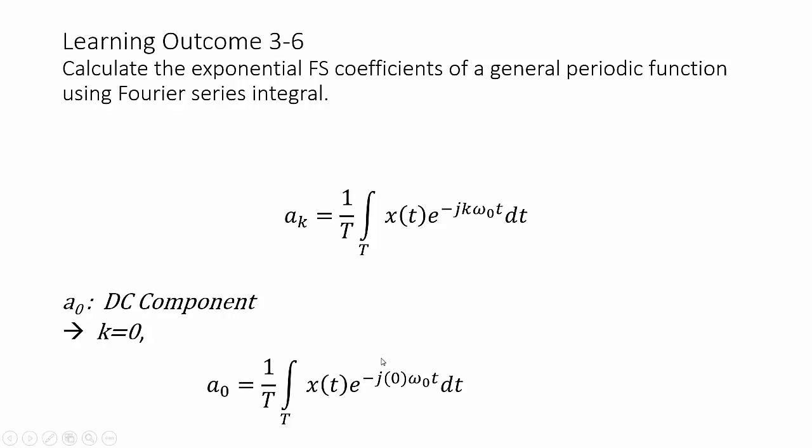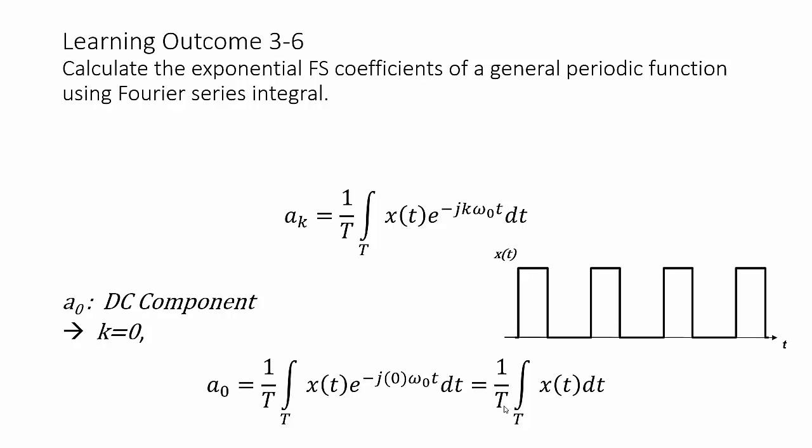Notice you can simplify this complex exponential, and we get 1 over T integral over any one period of x of t. This integral is just the area underneath our function over the duration of one period. And because we're dividing it by capital T, it makes it the average area in that period. Or, because it's periodic forever, the average height of our function overall.